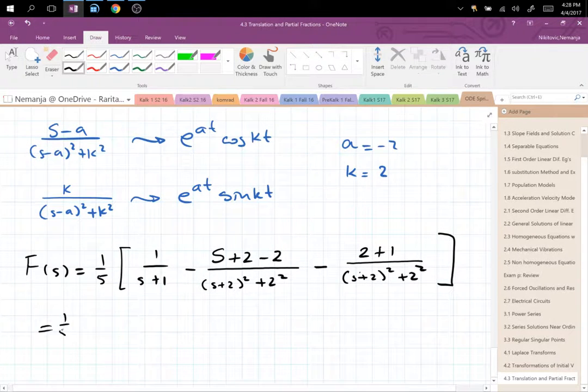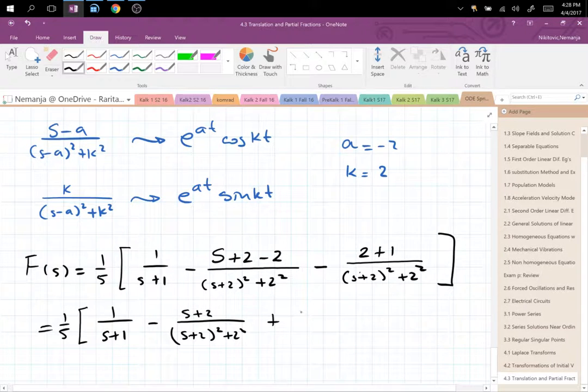This is equal to 1/5 times 1 over s plus 1. And now I have to peel off the negative 2. So it's going to be minus s plus 2 over s plus 2 squared plus 2 squared, and then plus 2 over s plus 2 squared plus 2 squared.